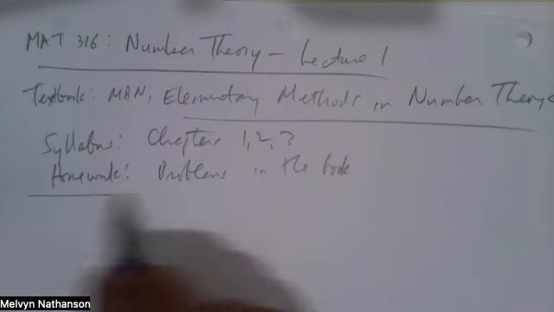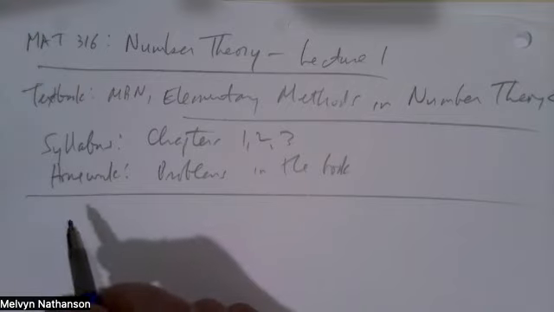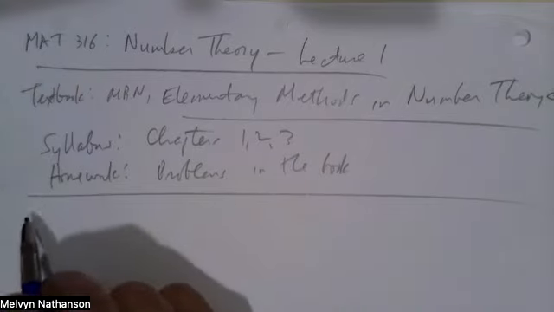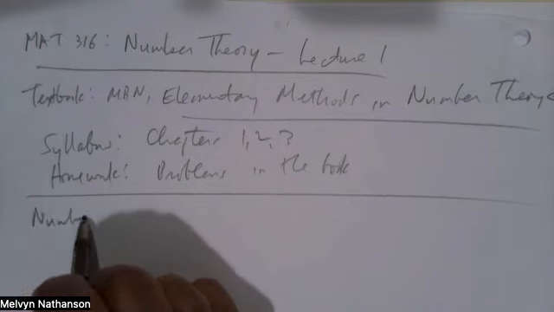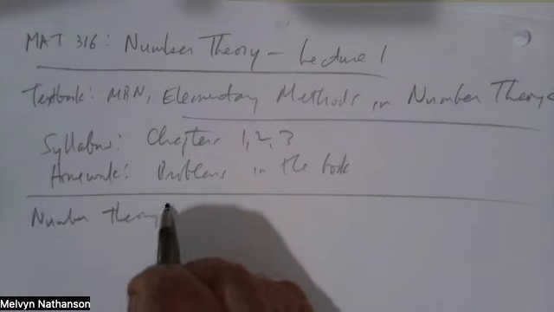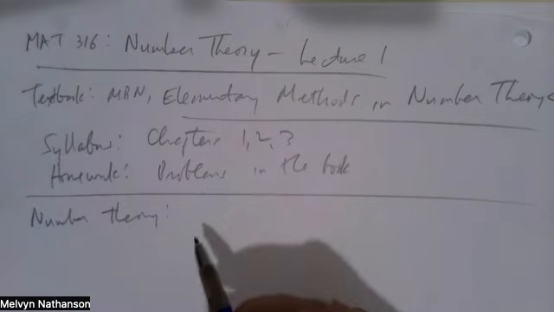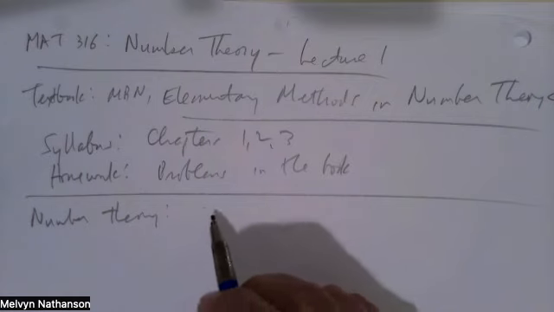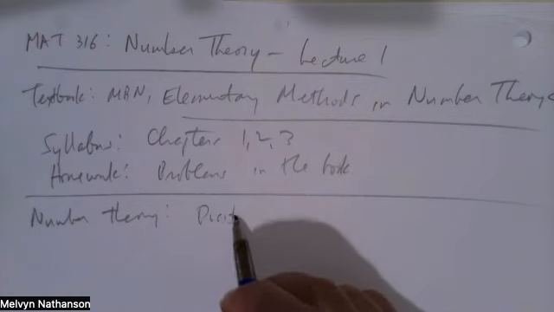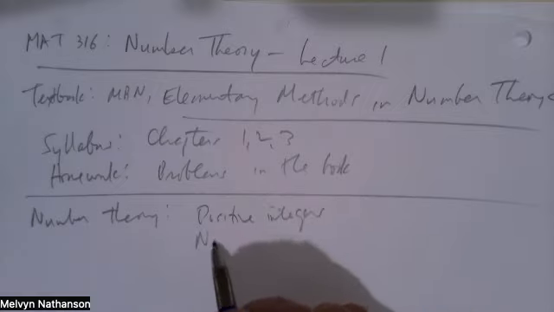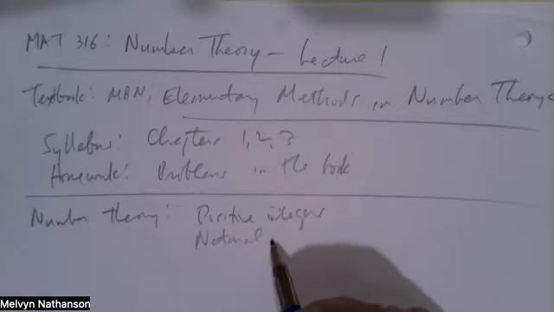And we start with a certain, so what is number theory? We study numbers, and not complicated numbers, integers. So we have the positive integers, also called the natural numbers.